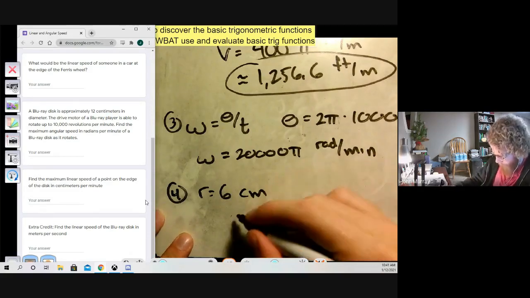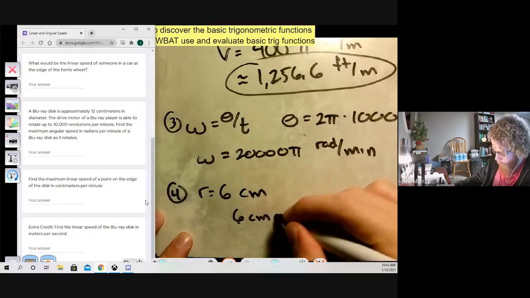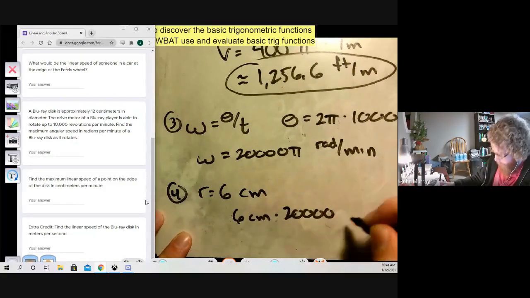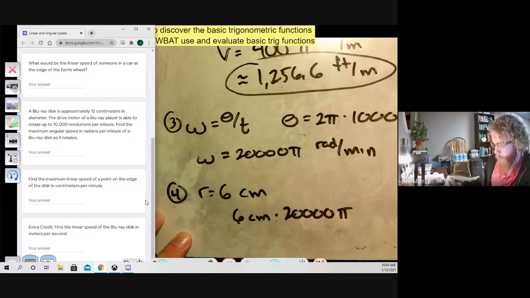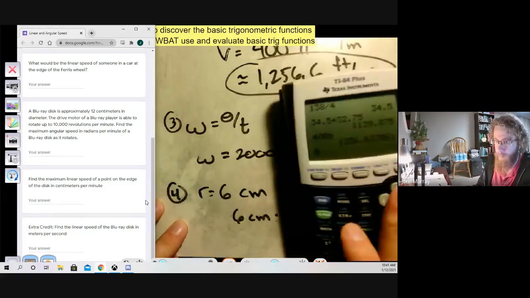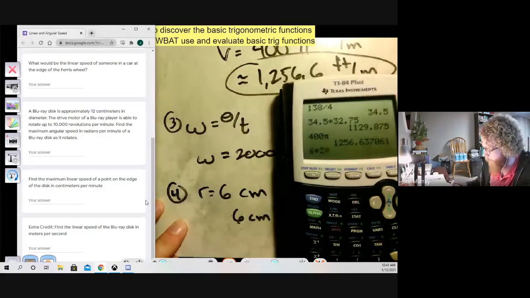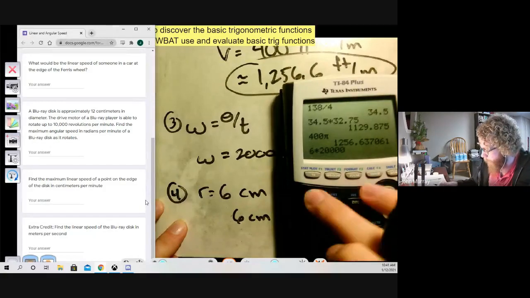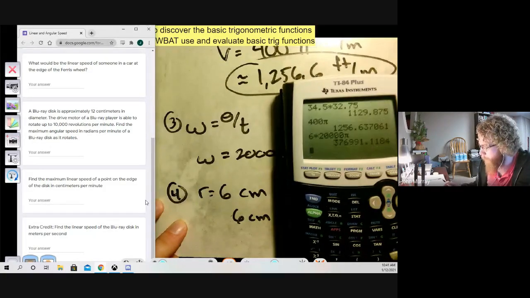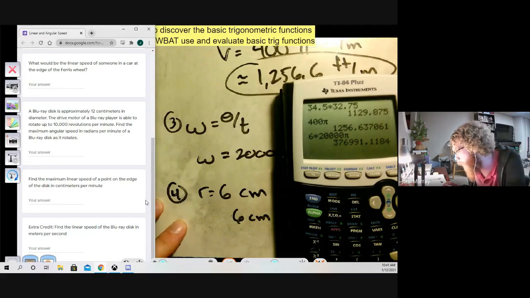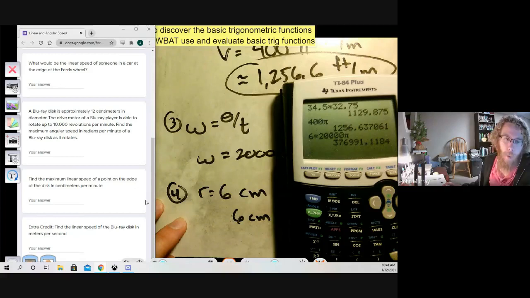So we take the 6 centimeters, we multiply it by 20,000 pi, and we get 376,991 feet per minute.